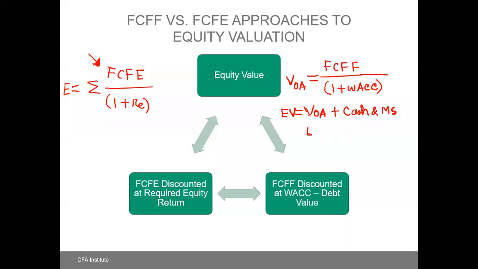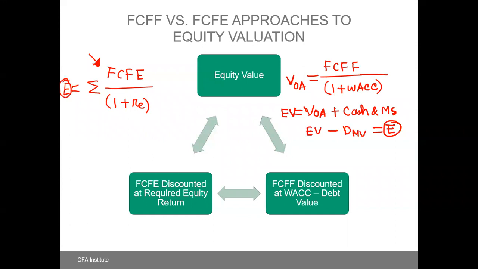Now, from this entire firm value, if we subtract the market value of debt, we should get the same equity value, which we get directly just by discounting the free cash flow to the equity by the cost of equity.